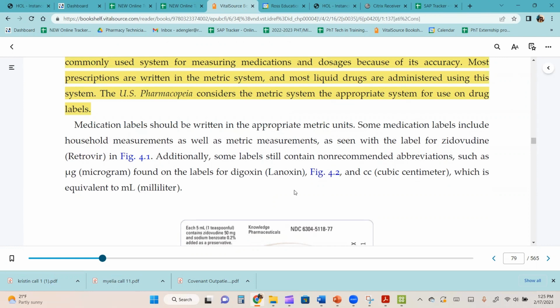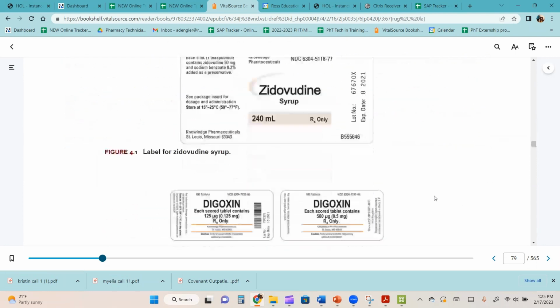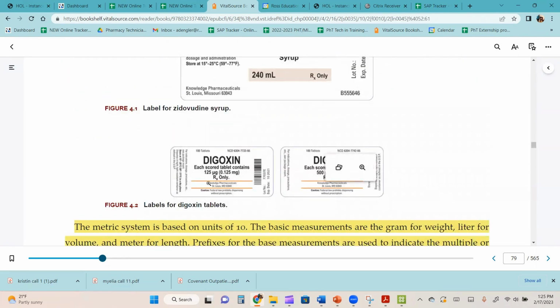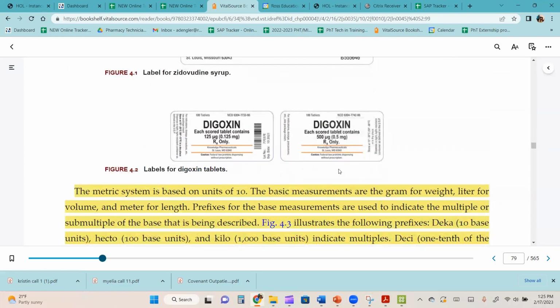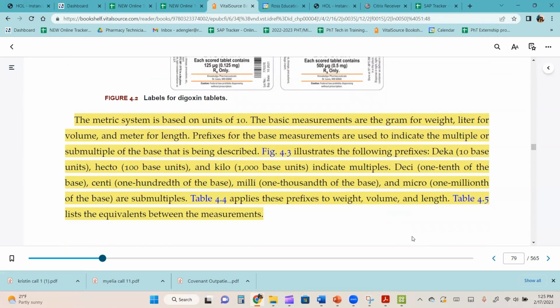Additionally, some labels still contain non-recommended abbreviations such as micrograms found on the labels for digoxin and cc, which is equivalent to milliliters. So here on the digoxin label, we have micrograms. That's not recommended to use on drug labels, but they have. The metric system is based on units of 10. The basic measurements are the gram for weight, liter for volume, and meter for length.